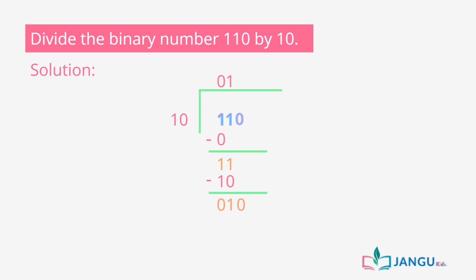Since they are equal, we write 1 in the quotient above the rightmost digit of our dividend. 10 from 10, 0 minus 0 is 0. 1 minus 1 is 0. Having remainder as 00 marks the end of the division. Therefore, 110 base 2 divided by 10 base 2 is equal to 11 base 2.